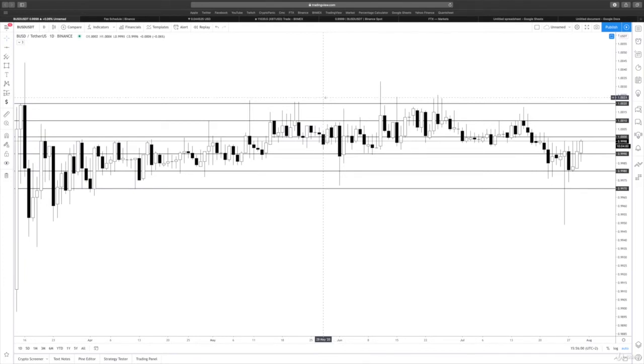Then what you can do when your fee combined is 0.12%, because 0.06 plus 0.06 is 0.12, then when you take trade like this, you are earning 0.08%.